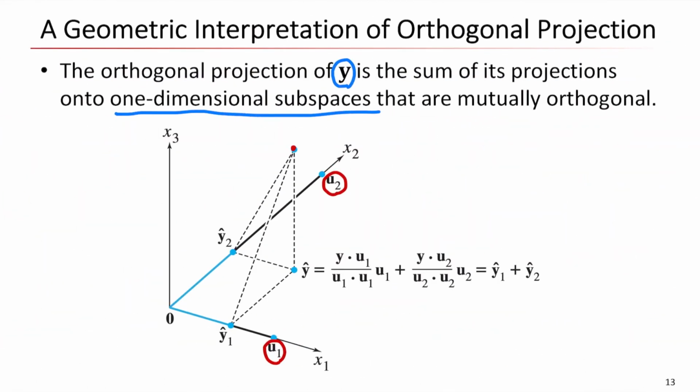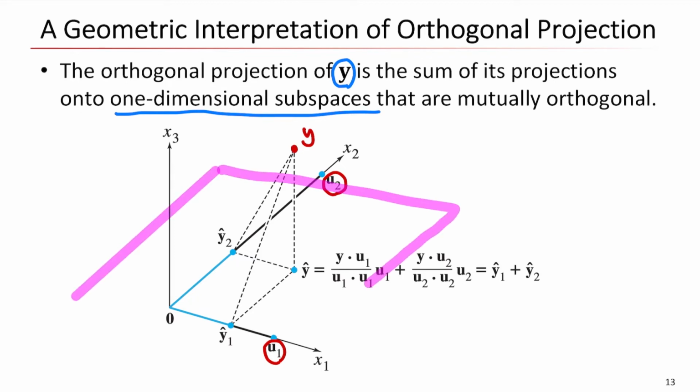And here is y. Then subspace W is spanned by u1 and u2, something like this, right? Then we want to find the orthogonal projection of the vector y onto the W space here. So the vector y minus y hat should be orthogonal to every point in the space W, right?